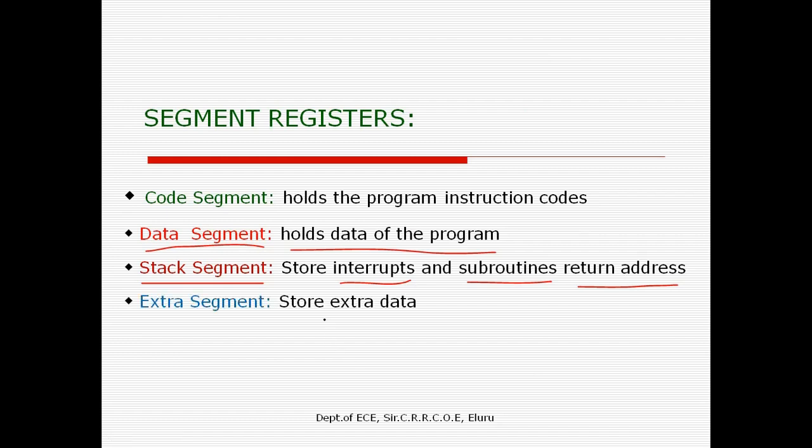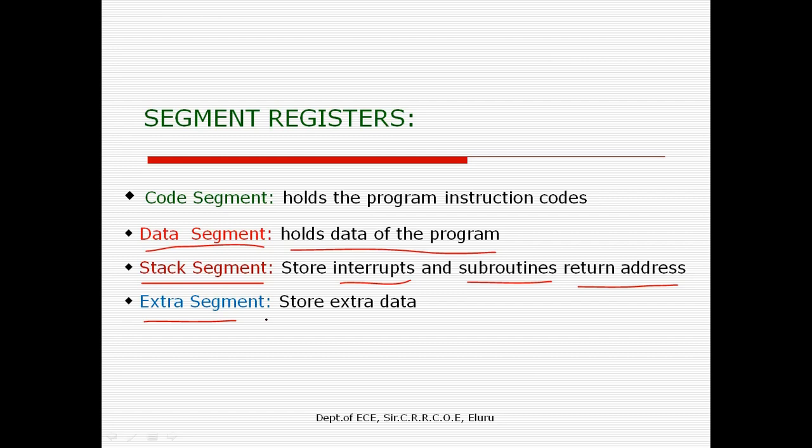And the fourth memory block is the extra segment block. The extra segment block is used to store extra data. Extra data in the sense, suppose you have a string of data or an array of data, a group of data.